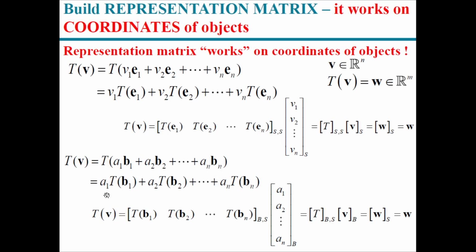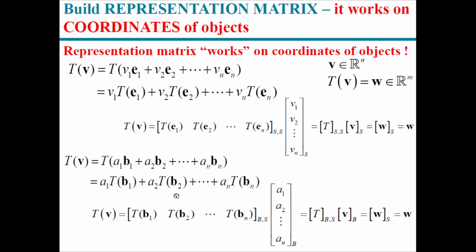So what is this? This is a linear combination of images, under the action of linear transformation T, images of each basis vector from basis B. So image of B1, image of B2, image of Bn. So we get this linear combination here.